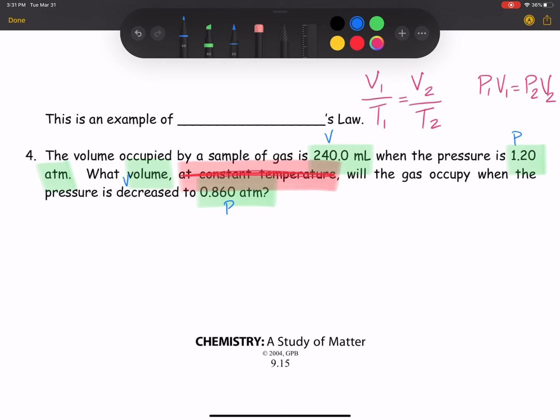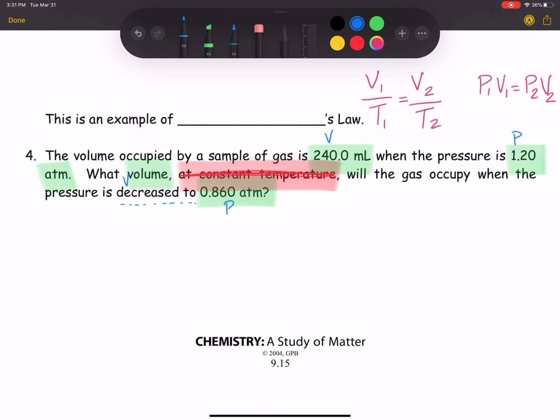The volume occupied by a sample of gas is 240 milliliters when the pressure is 1.20 atm. I'm looking for the new volume when the pressure is now going to be decreased. So once I decrease the pressure from 1.20 atm to 0.860 atm, I'm looking for that new volume.